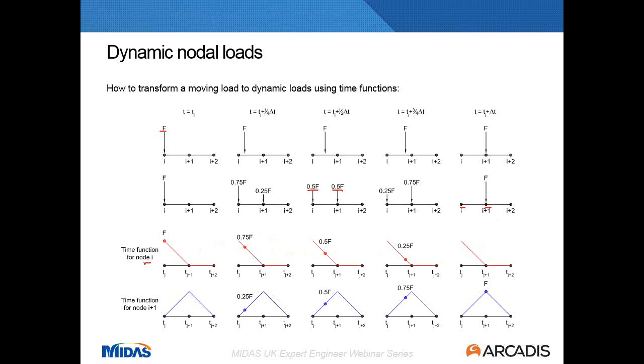This is for the first node i, and for the next node i plus 1, it's a very similar function, but it starts with 0 and starts increasing until the axle is just on top of this node, and then you have 100% of the force applied. So this way allows you to transform what is a moving load to dynamic nodal loads.